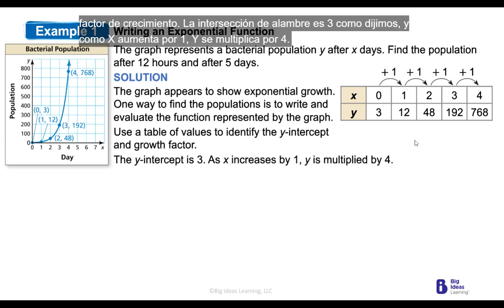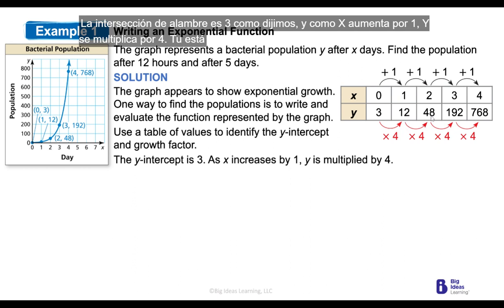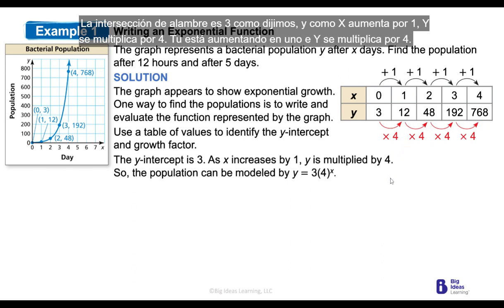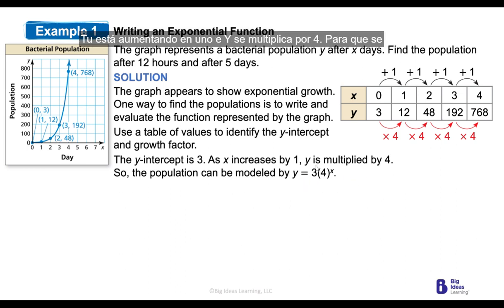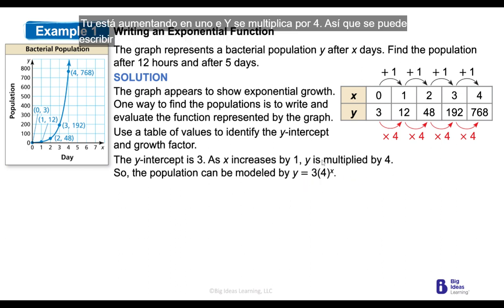Here x is increasing by 1, and y is multiplying by 4. So it can be written as y equals 3, that's the y-intercept, times 4, that's the multiple, raised to the x power.